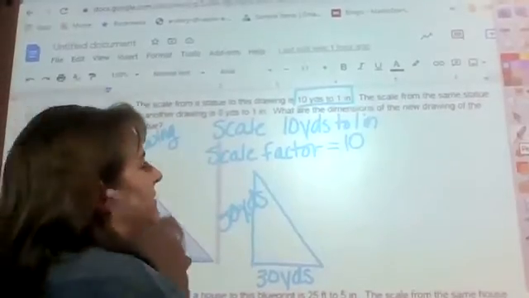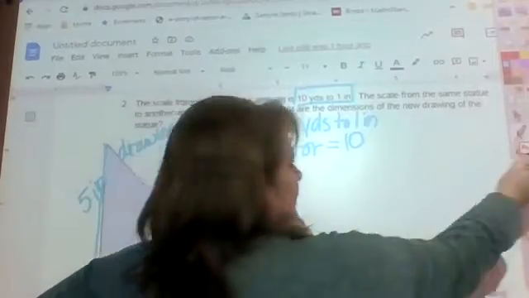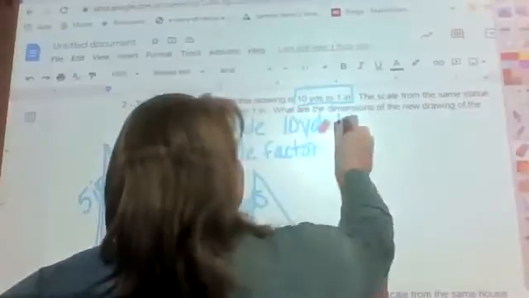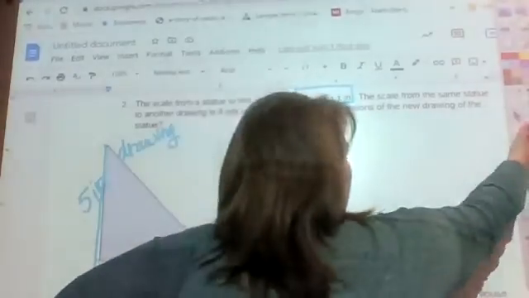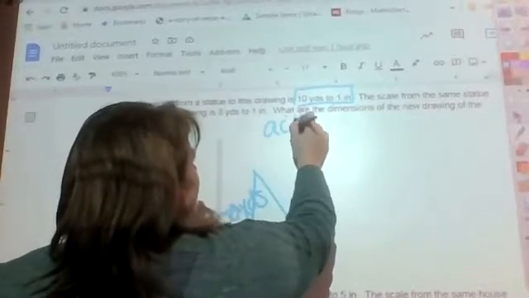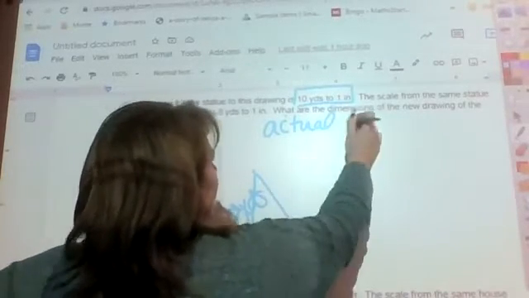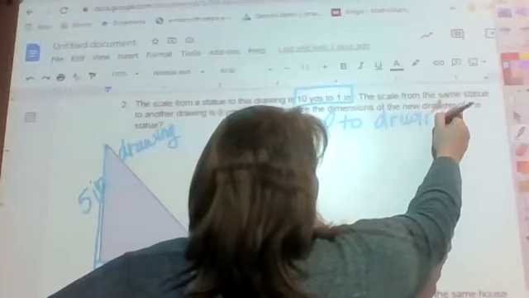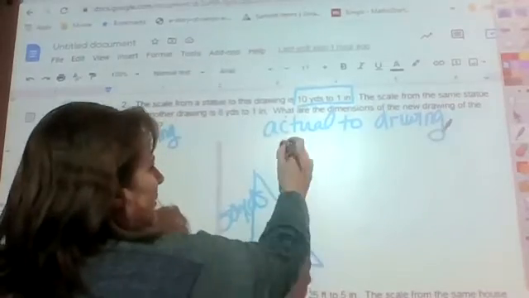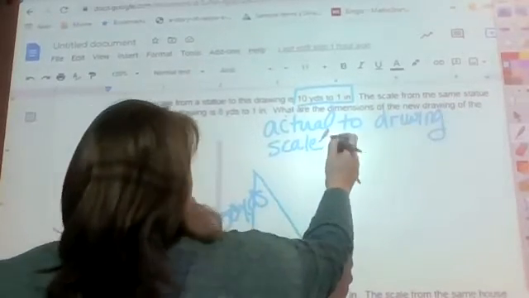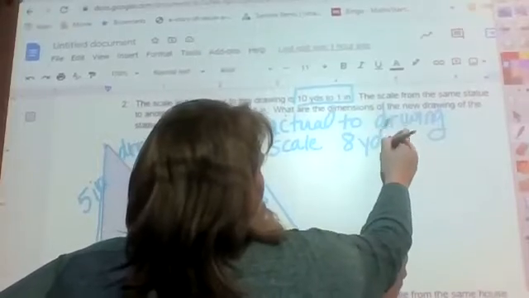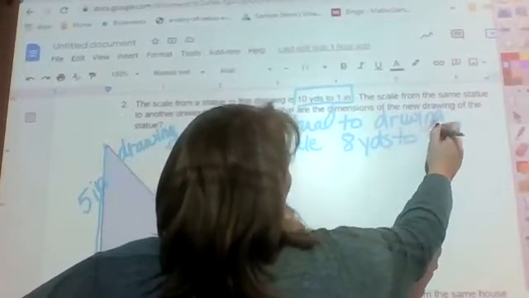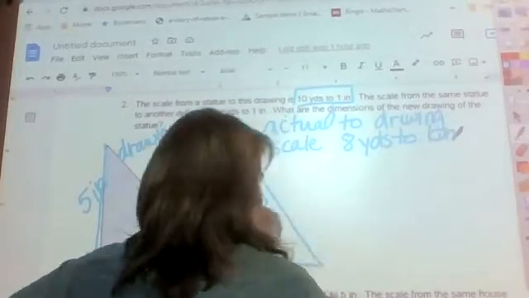Now we're going to go from the actual size of this right here to another drawing. And the scale that we're going to use for this is 8 yards to 1 inch.